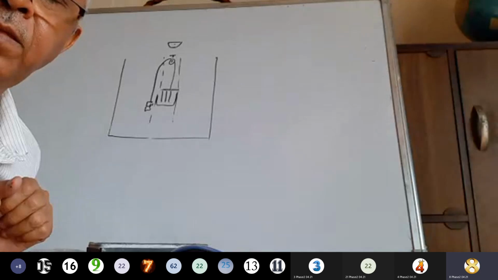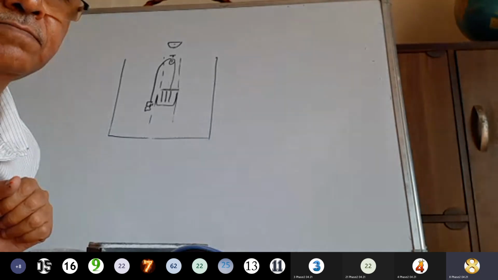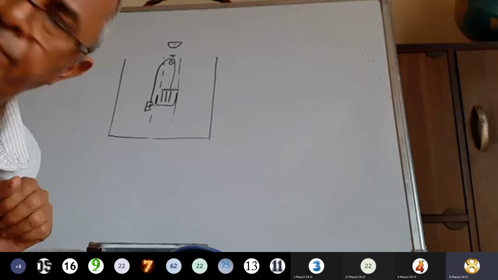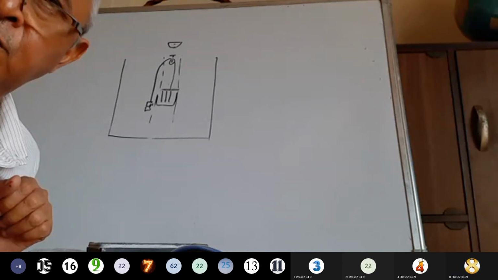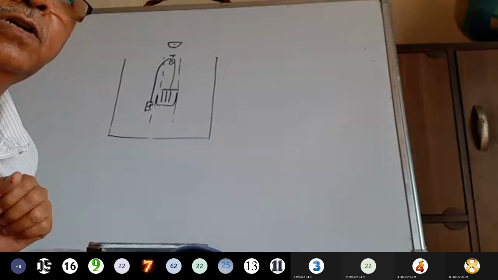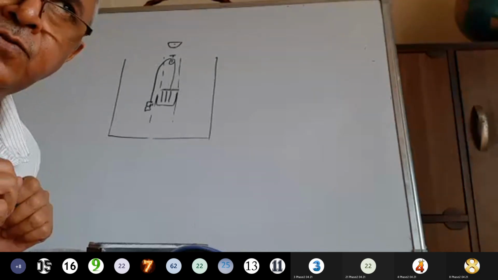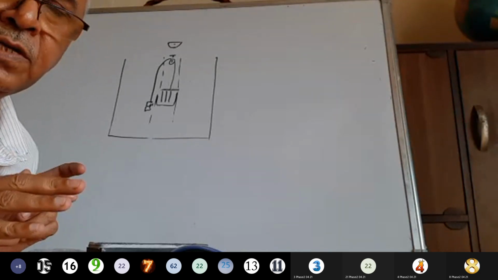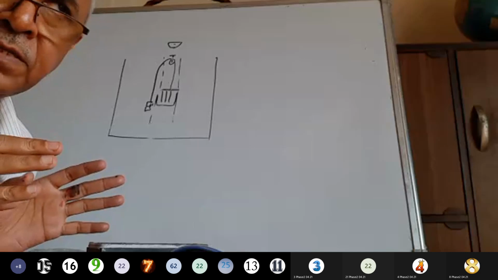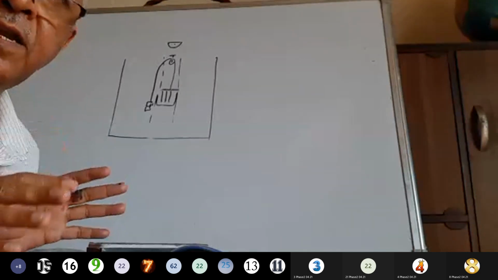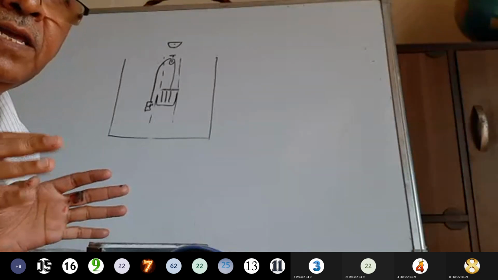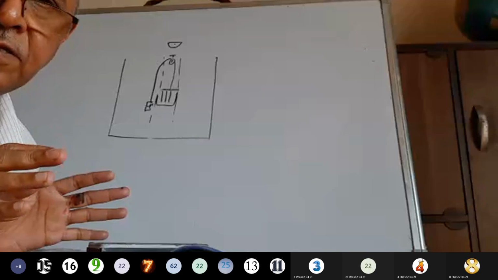But the heeling error will also depend on the angle of heel, no, sir? Of course, it will depend on the angle of heel. It will also depend on the course. All those things are not in your syllabus, because earlier the heeling error topic itself used to be 5-6 lectures.